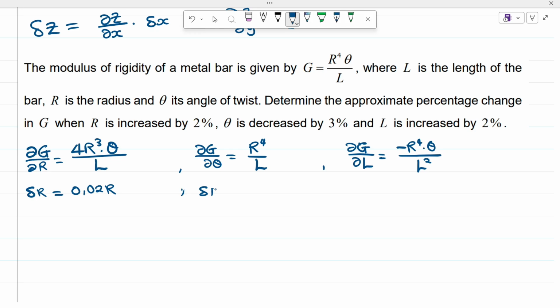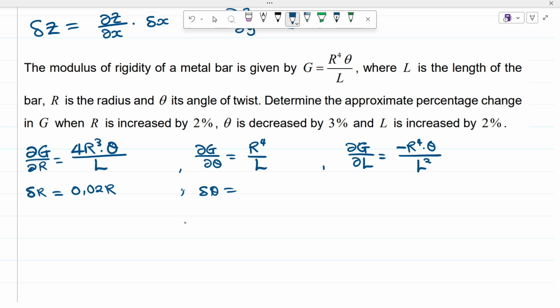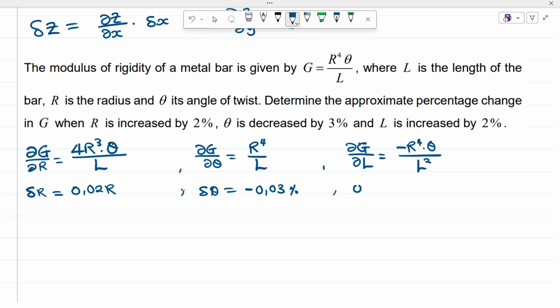They told us that theta is decreased. When they say decreased, we have to write it as negative. So this is going to be negative 0.03 theta. And then the last one, small change in L. They said L is increased, so this one is positive. So small change in L is going to be 0.02L, just like that.